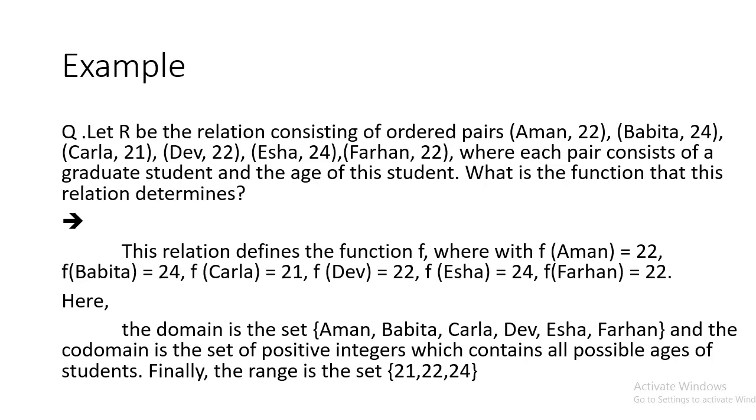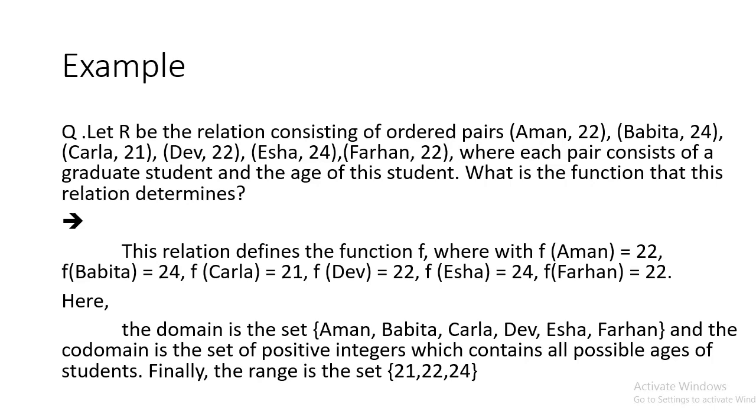So here, what is the domain set? The domain is the set Aman, Babita, Carla, Dev, Isha and Farhan. These are all the elements contained in the domain. And what is the codomain? The codomain is the set of positive integers, which contains all the possible ages of the students.